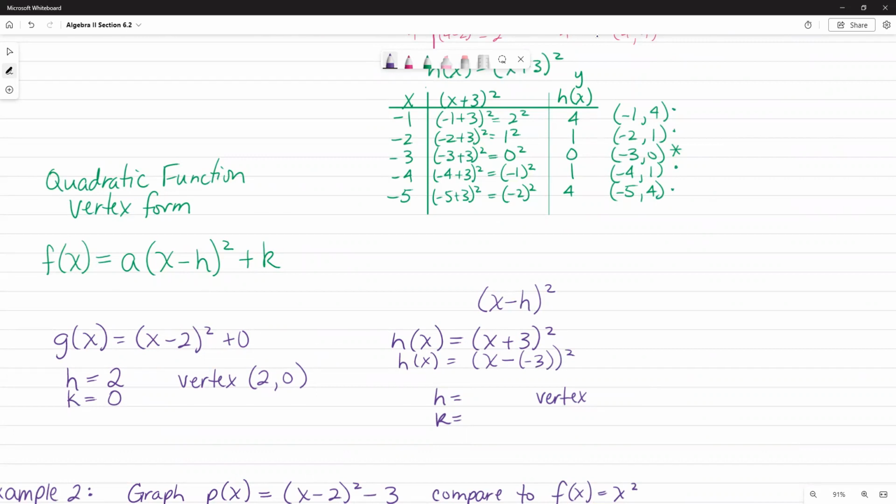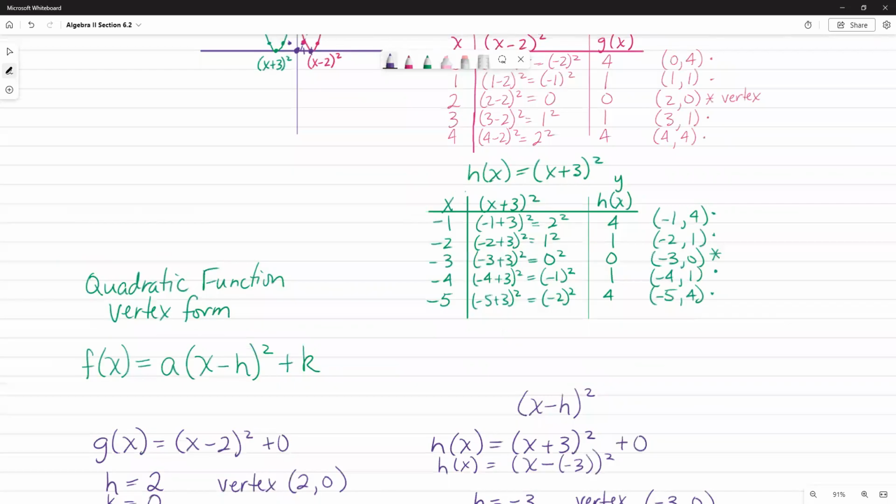But anyway, x plus 3 means the same thing as x minus negative 3. That way we keep the subtraction from the formula in place, but we can create an expression that means the same thing as x plus 3. So that is why our h value is in fact negative 3. And then k, of course, there's nothing there, so we have an understood 0. So our vertex falls at negative 3, 0.